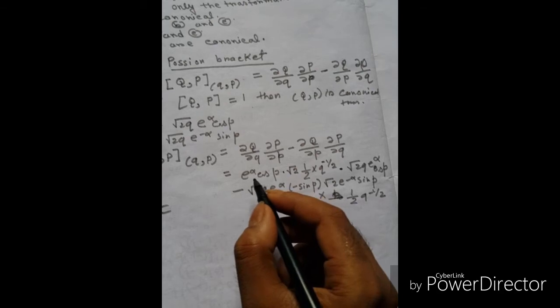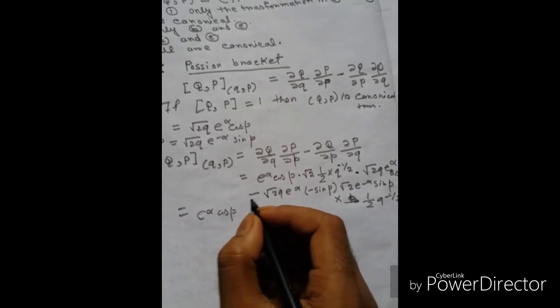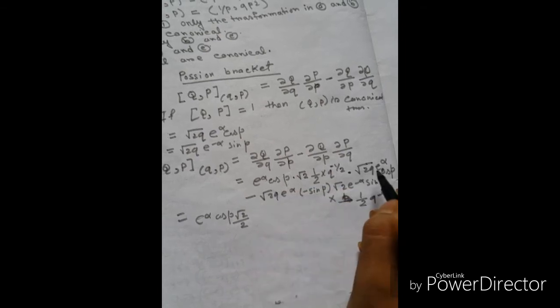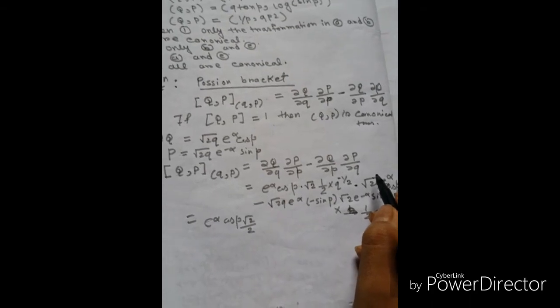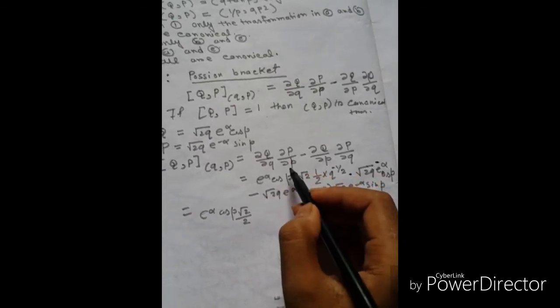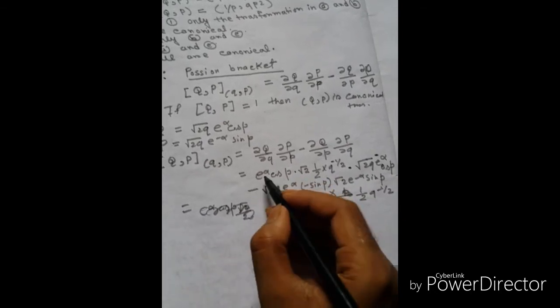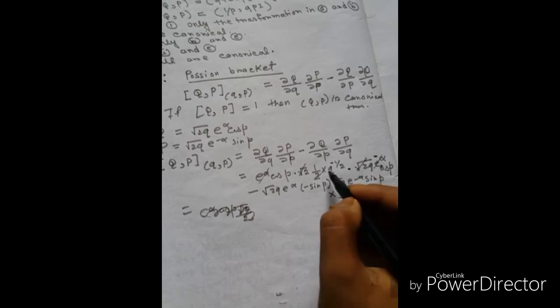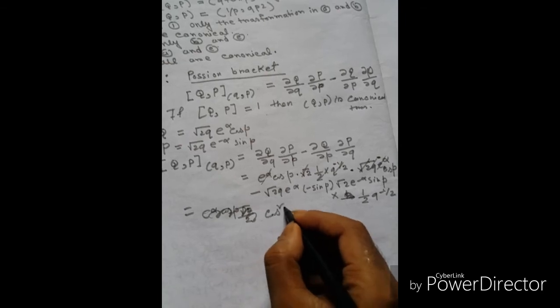So calculate this: e to the power alpha and e to the power minus alpha cancel out, the root 2 and root 2 and the 2 also cancel out, and root q and q to the power minus half cancel out, so we get cos square p.